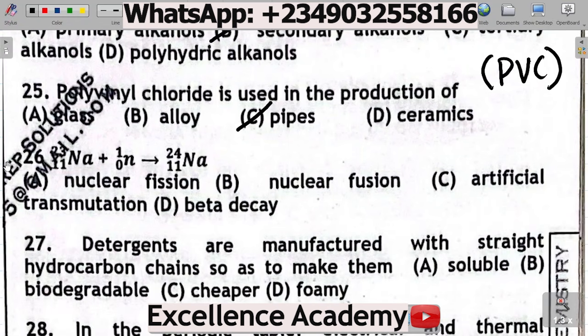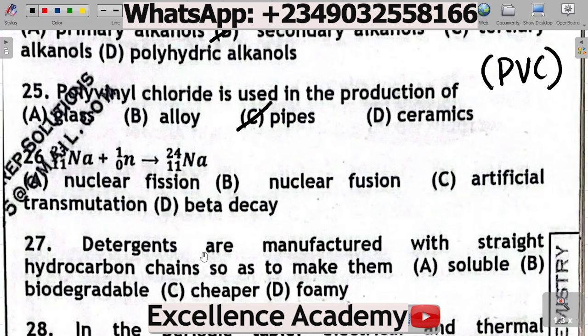Next up, question number 26. You have this: sodium, atomic number 11, atomic mass 23, combines with a neutron to give you still the same sodium but with atomic mass 24. Now they said this is actually what? A. Nuclear fission. B. Nuclear fusion. C. Artificial transmutation. D. Beta decay.